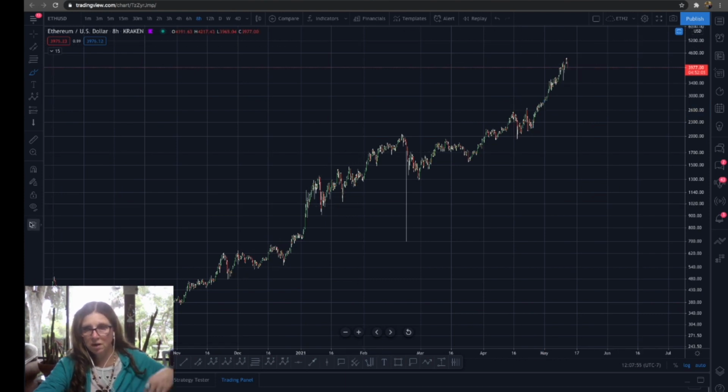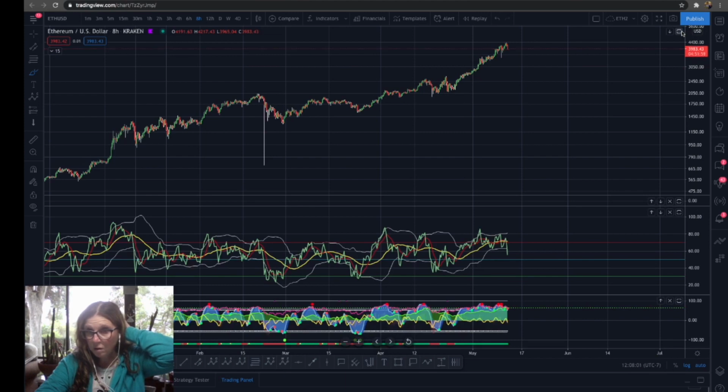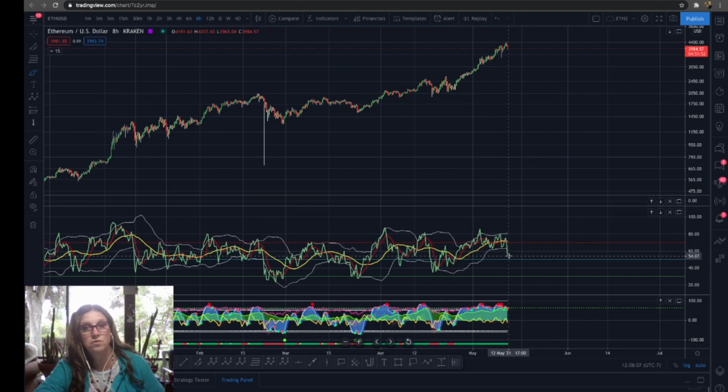Let's take a look at the indicators real quick and see what we have going on. So on the 8-hour time frame, as you can see, RSI has moved much faster than price has. So that is a good sign there because we're already creating bullish divergence.